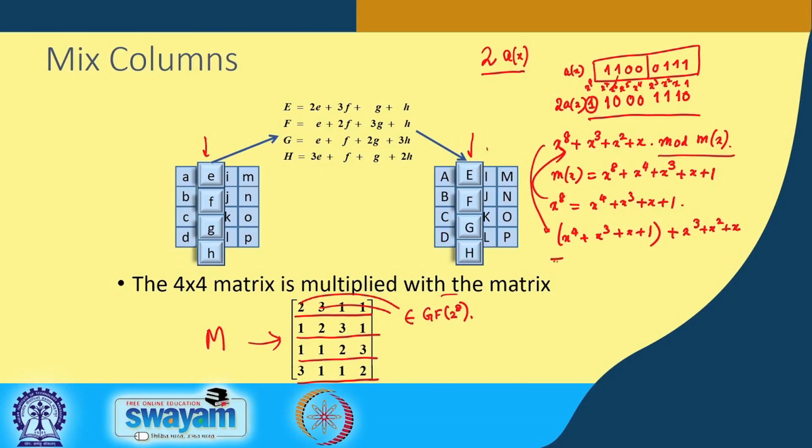This is nothing but x power of 4 plus 2x cube, but that is 0. Likewise, x plus x is 2x, which is 0, and you will have x power of 4 plus x squared plus 1. So this is back in GF 2 power of 8. I am just doing modulo m(x). Addition and subtraction are the same in Galois field.